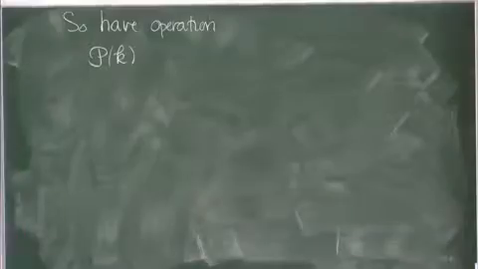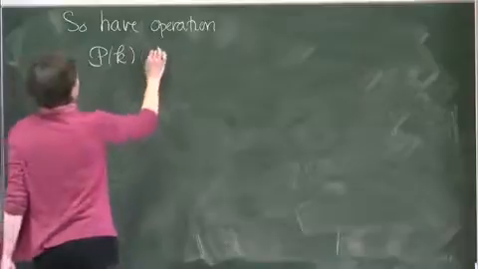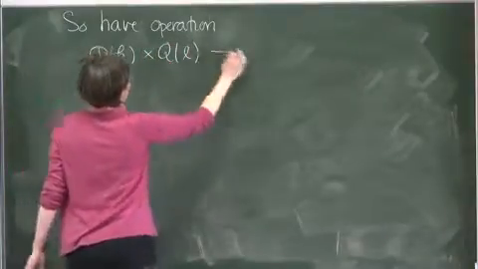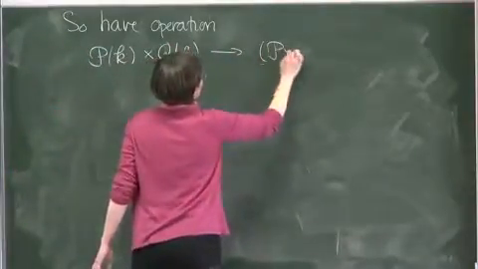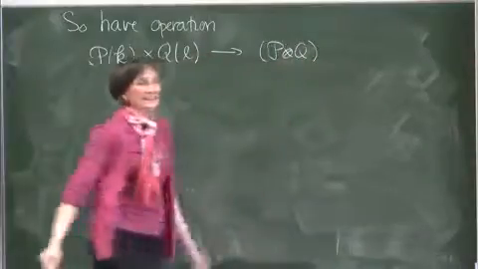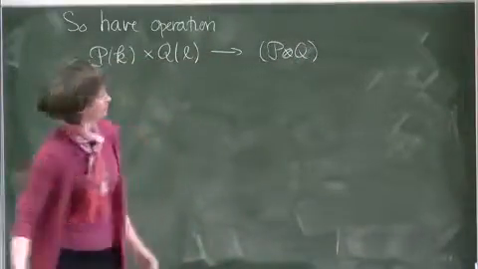The things in P of arity k crossed with the things in Q of arity l go into the things in P tensor Q of arity k times l.